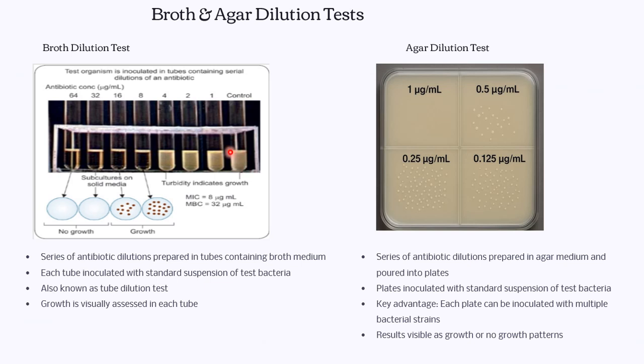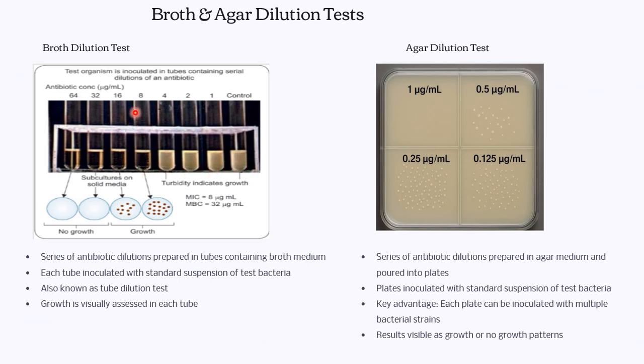In the control, there is no antibiotic, so there is maximum growth of microorganism. In the test tubes containing 1, 2 and 4 micrograms, the antibiotic concentration is very low and there is no inhibition of bacteria, which is indicated by the turbidity of these test tubes.